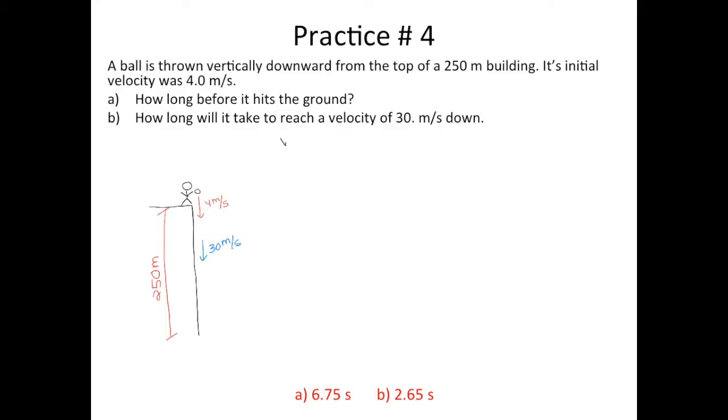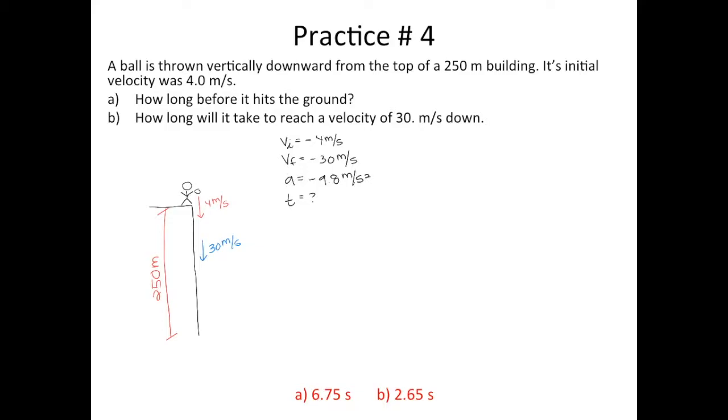So the information we know: V initial is negative 4 meters per second. V final is going to be negative 30 meters per second. We know the acceleration is negative 9.8 meters per second squared because it's in free fall, and we are looking for the time.